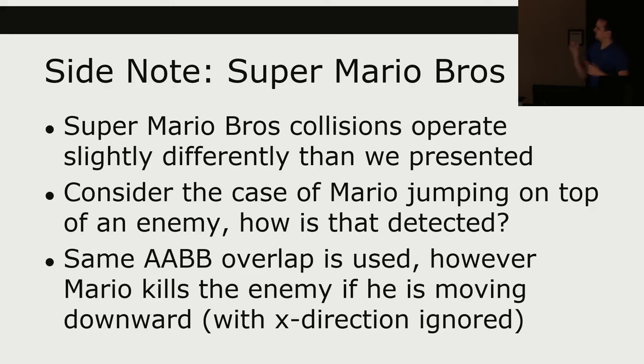But in Mario Brothers, the same AABB is used to do the overlap detection, but the only thing that the game checks is if there's a collision and if Mario is moving down.